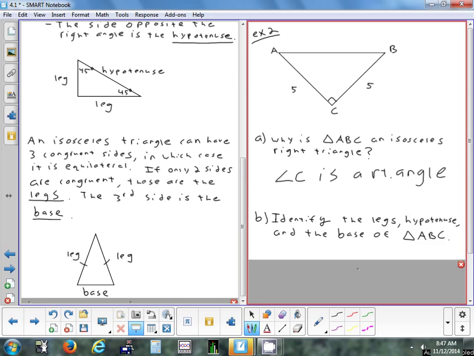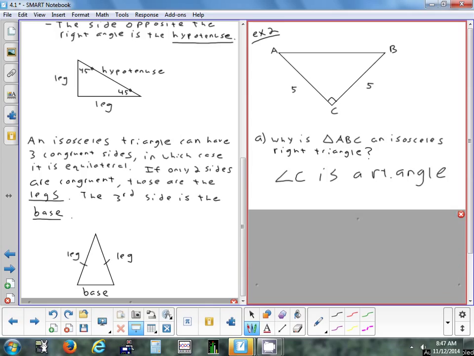Okay. How do we know it's isosceles though? That's the second part. So angle C is a right angle, and what makes this triangle isosceles? Denver? Because it has at least two sides. Yes, can you be a little more specific with which ones?